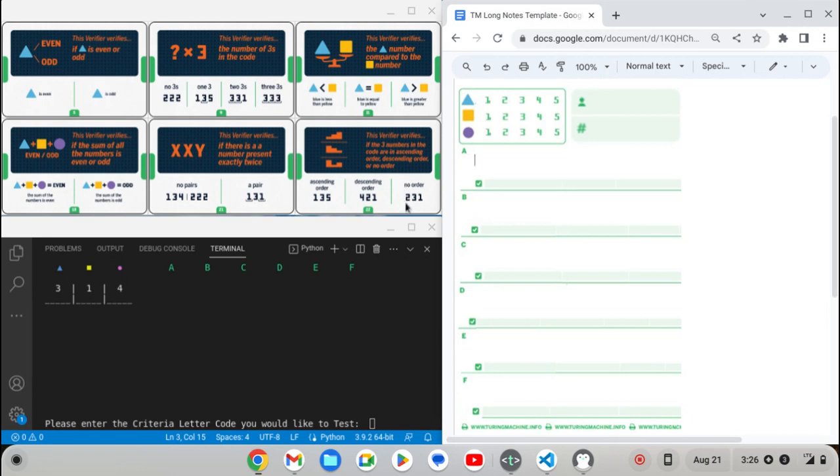Let's look at the example 231. Notice that from 2 to 3 it increases, but then from 3 to 1 it decreases. So that shift from increasing to decreasing, or alternatively in a different scenario where it's decreasing then increasing, they both have that shift. And that shift is one way to describe that the 3-digit code has no order.